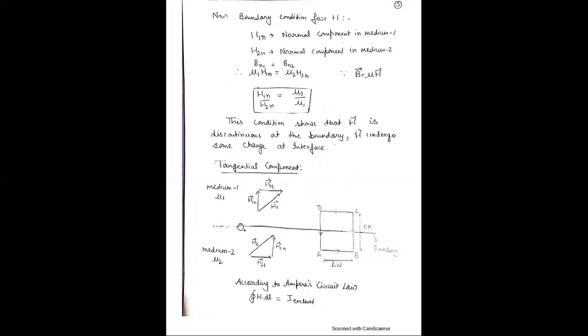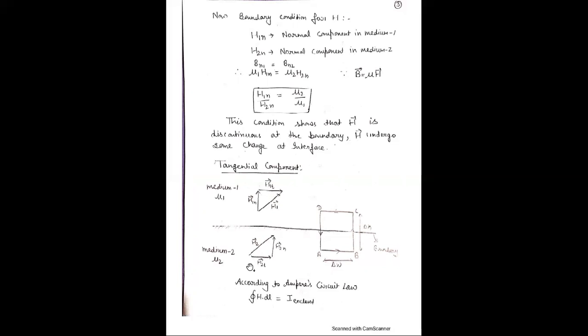Now next is the boundary condition for the tangential component of B and H. Here is medium 1, same as before, mu1 is the magnetic permeability in medium 1 and mu2 is the magnetic permeability in medium 2. Here this is H1 in medium 1 whose normal component is H1n and tangential component is H1t.